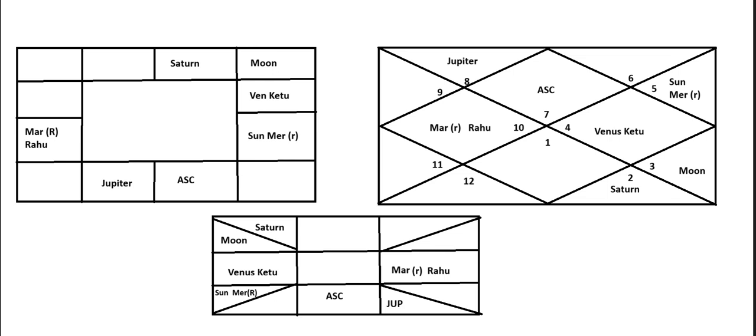Now the story. What happened with this person? As you can see, this person was born under Jupiter's Dasha, then Saturn's Dasha, and then Mercury Dasha, or the main period.